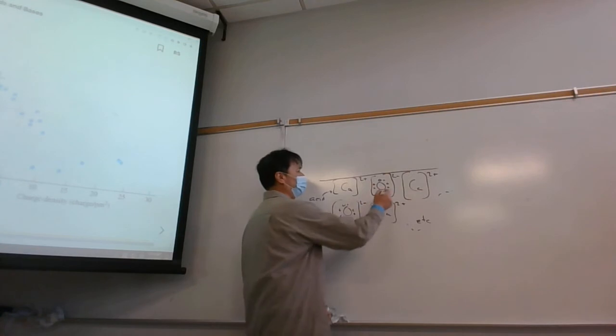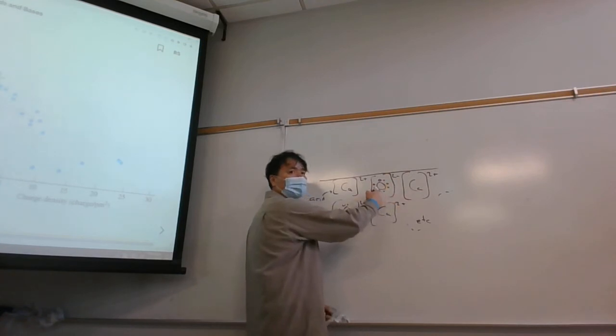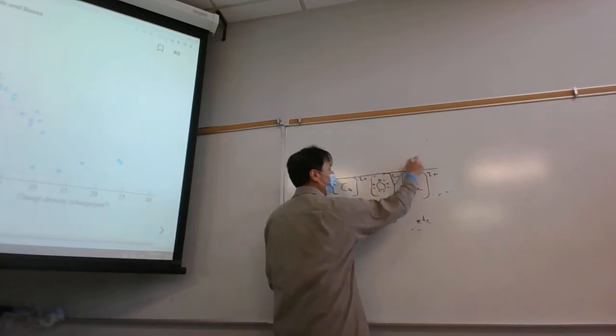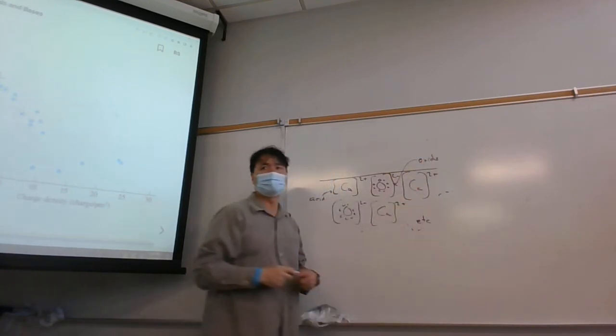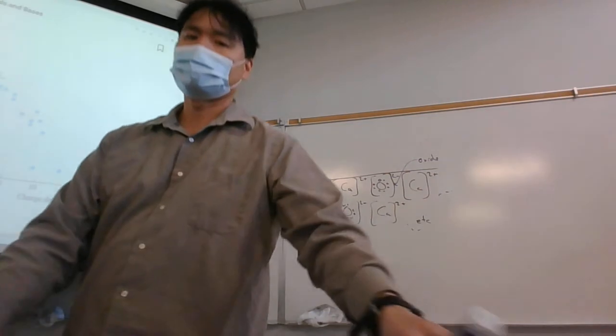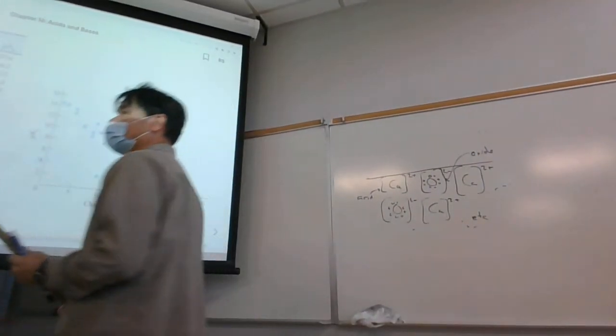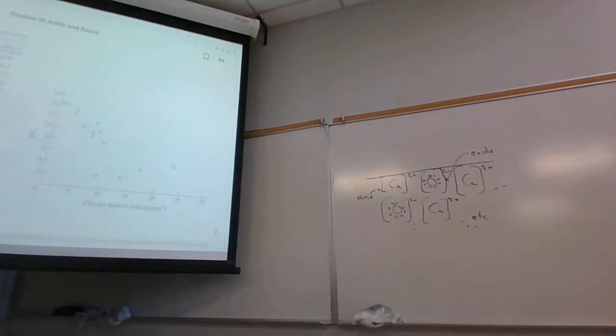How about this? This oxide would be the base. And is oxide a good base? Well, is oxide a good Bronsted base? So go over to the chart here, and what's the number 2 base? Number 2 most powerful base on this chart. Oxide. In fact, oxide's too powerful to exist in water.